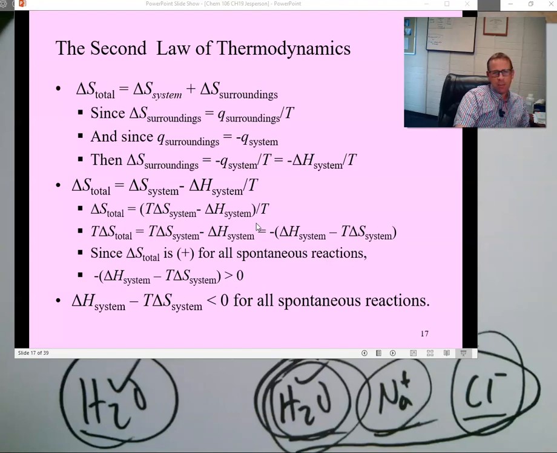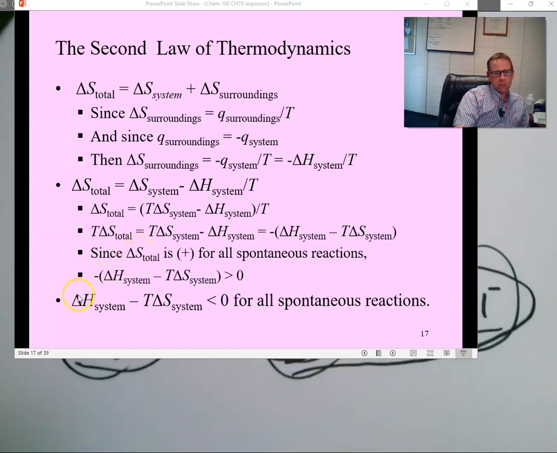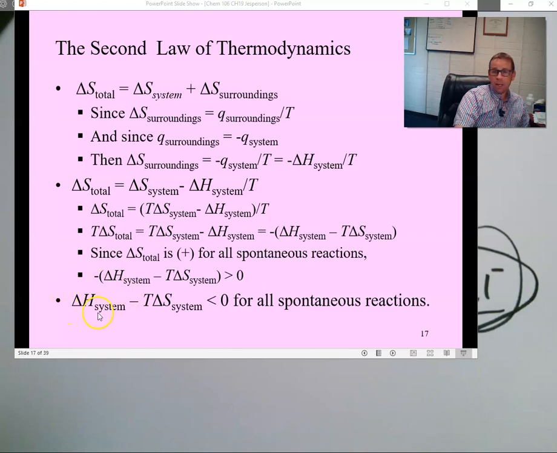So the second law of thermodynamics, we're not going to go over all this derivation here, but the second law of thermodynamics allows us to take into account, looking here at the bottom, delta H, which is something we're familiar with, the change in heat of a chemical reaction, and it combines it with the delta S of a system. The delta S of a system can tell us whether the system is becoming more disordered.